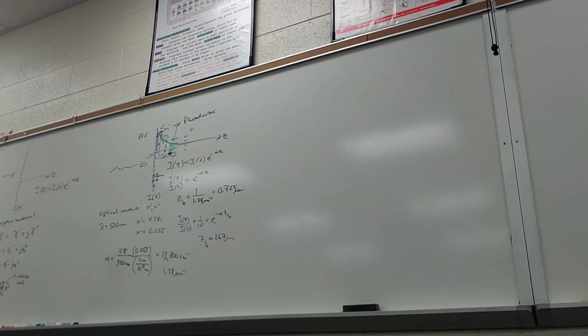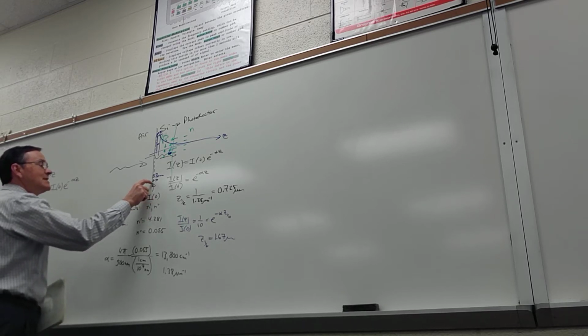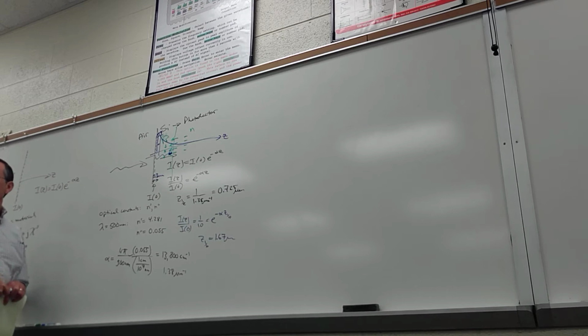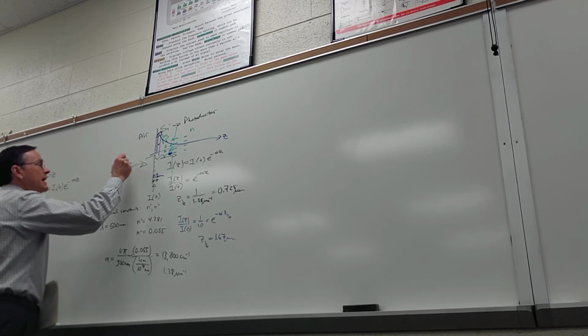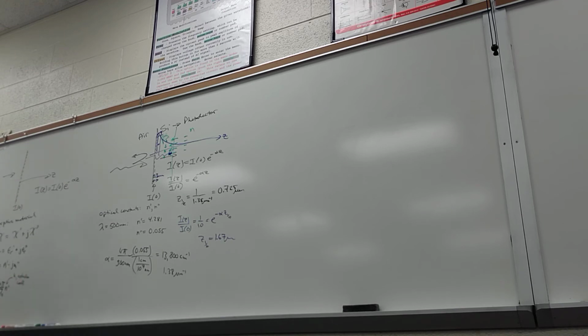Exactly. And then you also have to take into account what's happening at the interface, which is what we want to do next. We basically looked at the irradiance just into the material, so we haven't accounted for the fact that in general we have Fresnel reflection at the surface, so we're going to lose some light there.